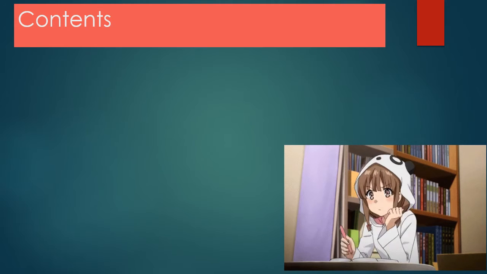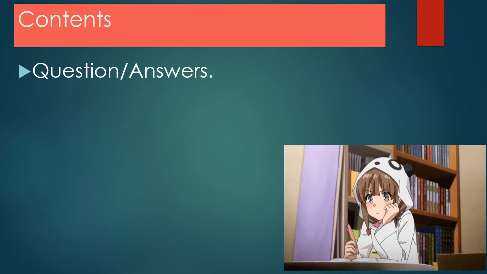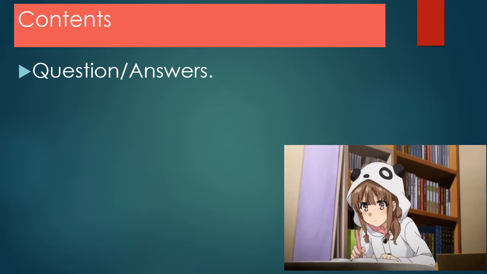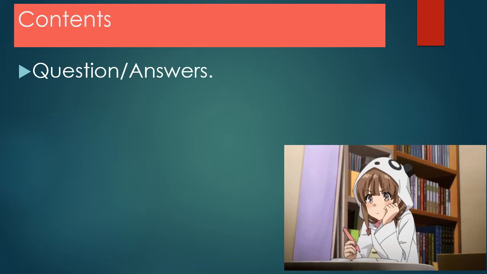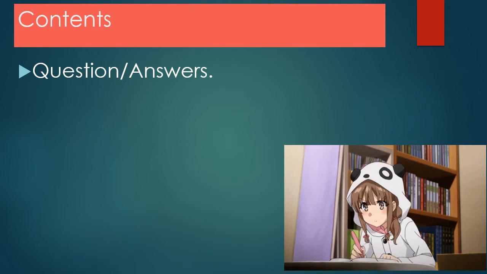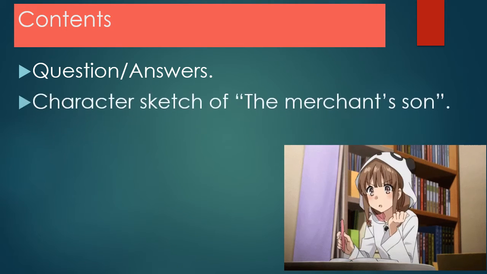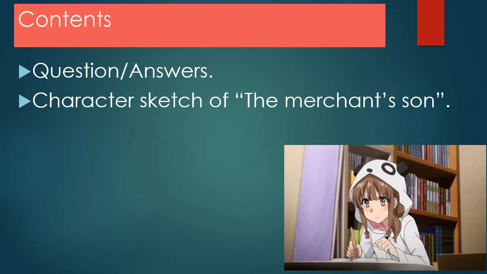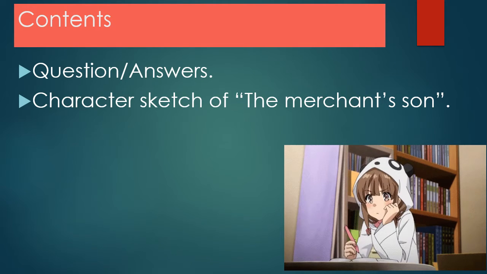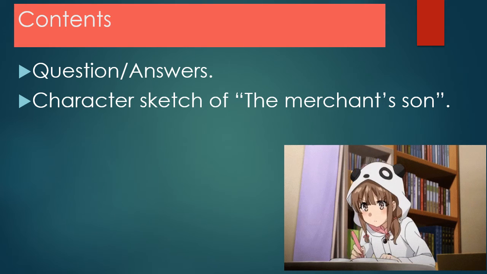We'll do question answers mentioned in your Oxford Reading Circle book. Then we'll do character sketch of the merchant son, that is the main character of the story, as you already have read it.